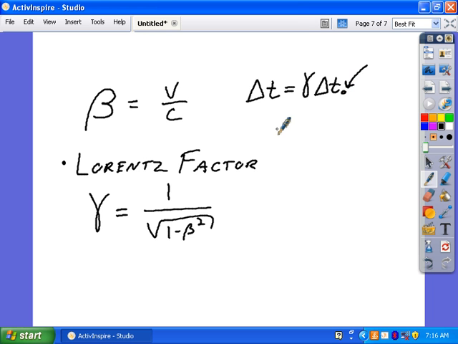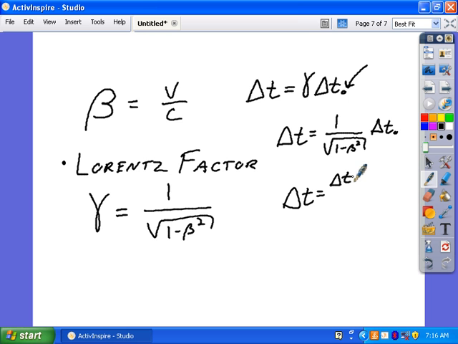If you look at what it means, delta t equals gamma, which is 1 over the square root of 1 minus beta squared, times delta t naught. If you expand this out, delta t equals delta t naught over the square root of 1 minus v over c squared.